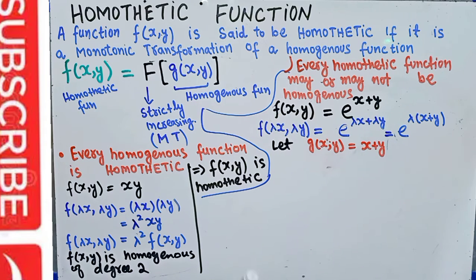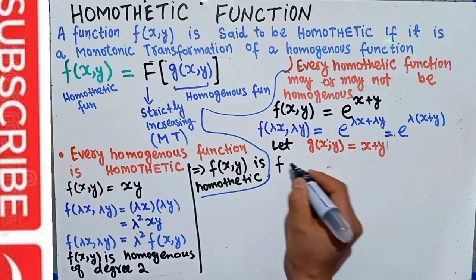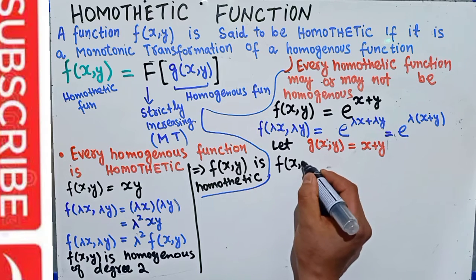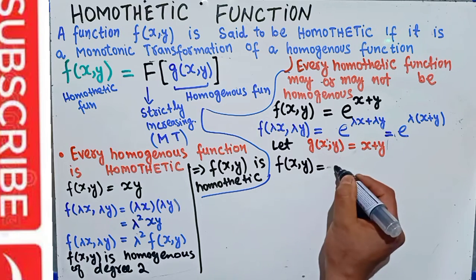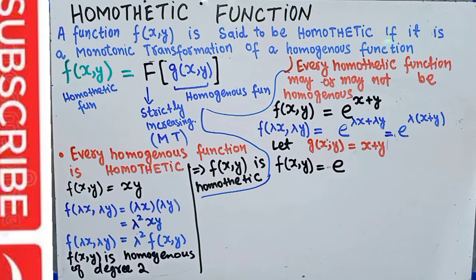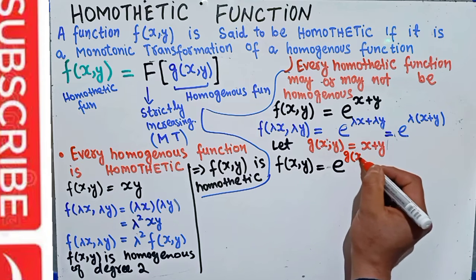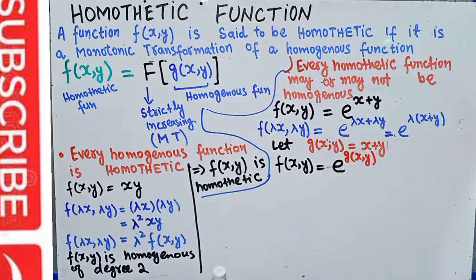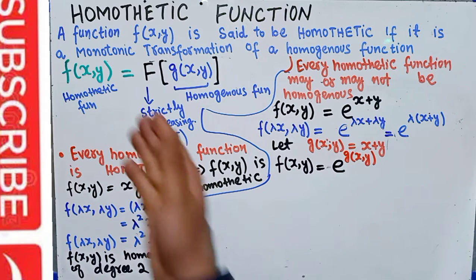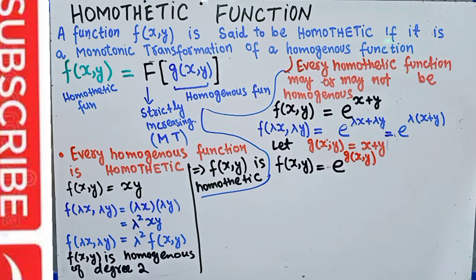Then can I write this function as f of x comma y is equal to e to the power g of xy? Yes, I can write it in this fashion. So now we are involved with composite functions here.